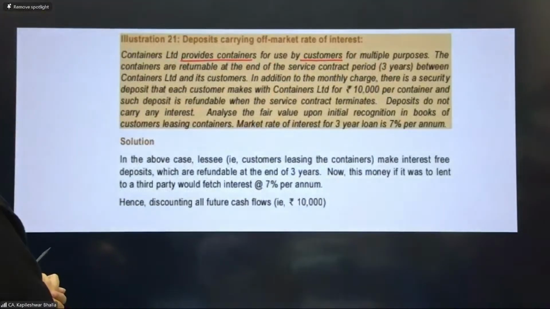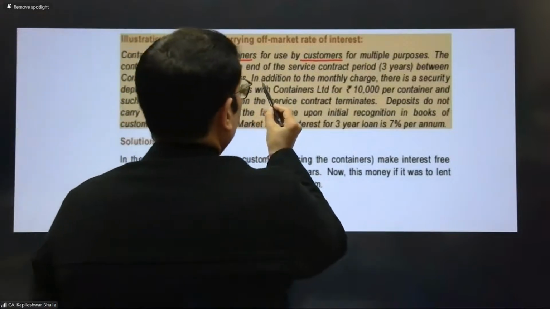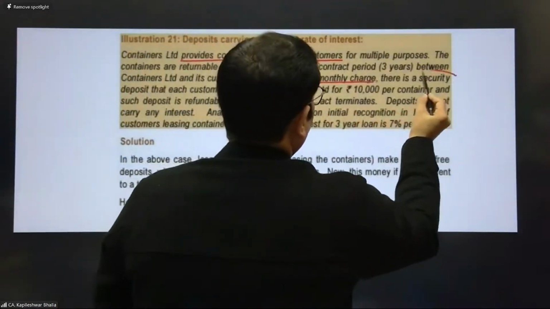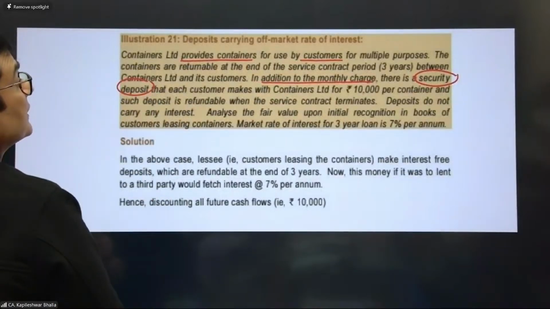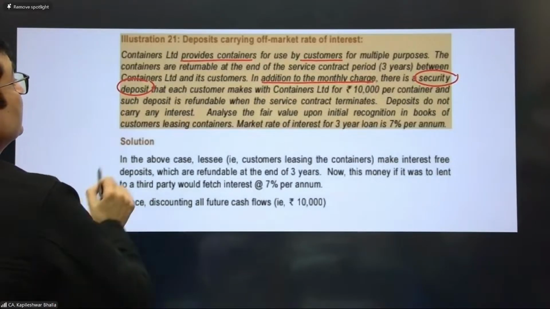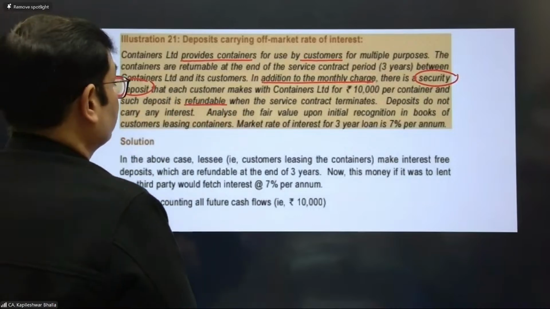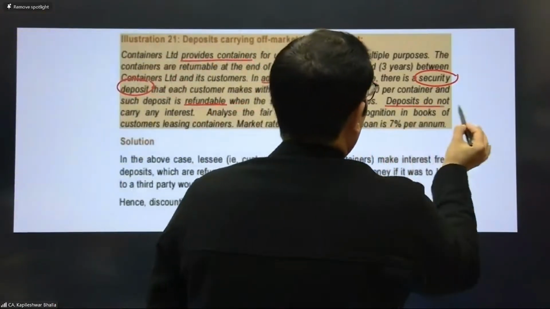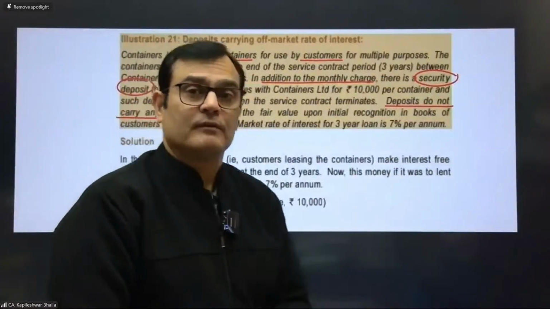The containers are returnable at the end of the contract between the containers and customer. In addition to the monthly charge, there is a security deposit that each customer makes with the containers, which is 10,000 per container, and such deposit is refundable when the contract terminates. The deposits do not carry any interest in this case.